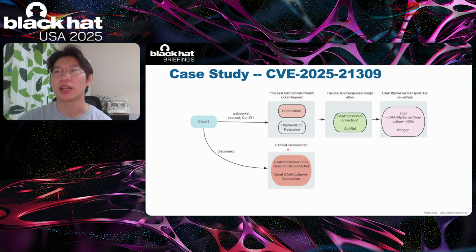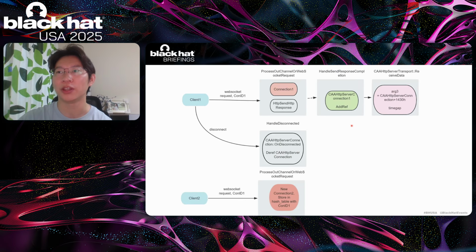Since the disconnect callback is registered, the server automatically triggers handle disconnected, which dereferences the HTTP server connection structure and removes connection 1 from the hash table. HTTP server connection may not be released at this point, as a reference to it exists until handle send response computation finishes.